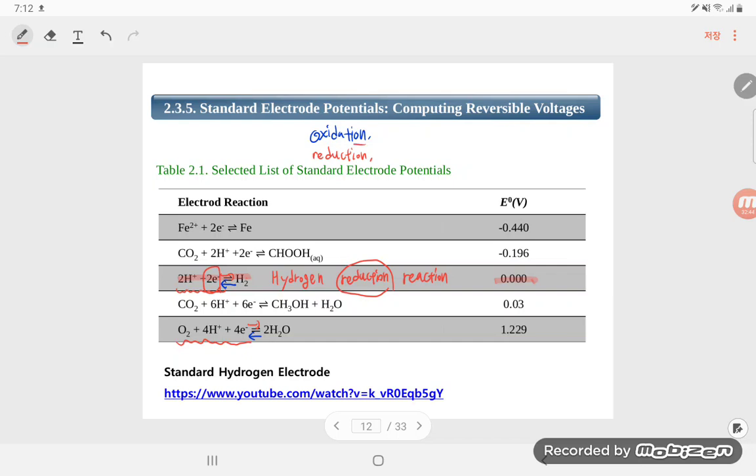In Korea, this oxidation is 산화 and reduction is 환원. Okay, remember that. And by using this table, let's anticipate which voltage we can get.